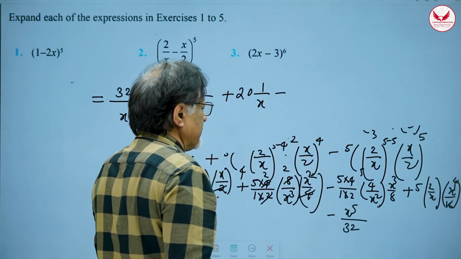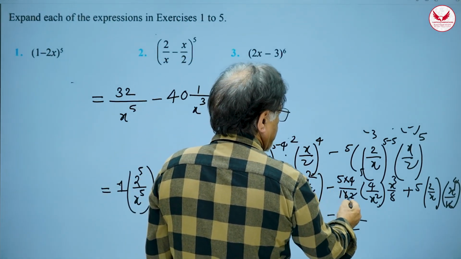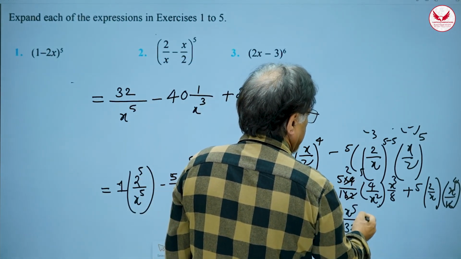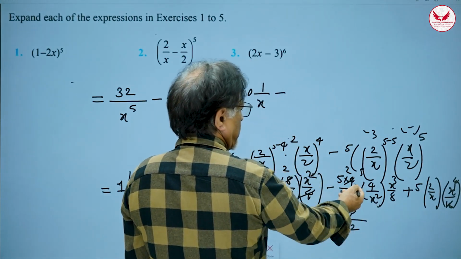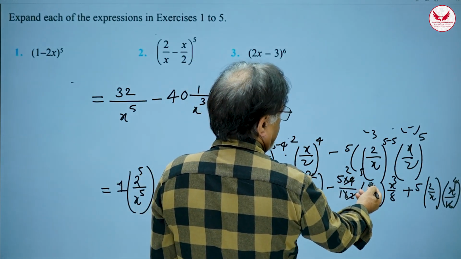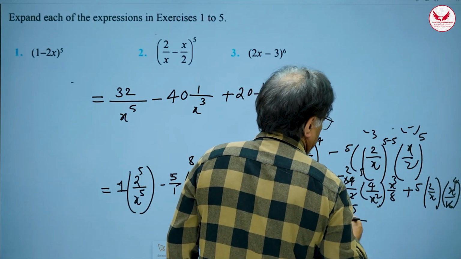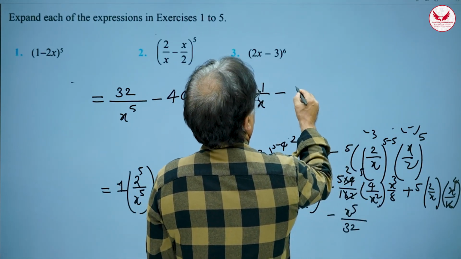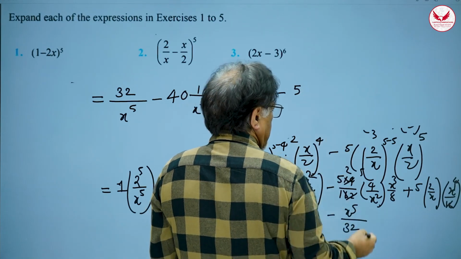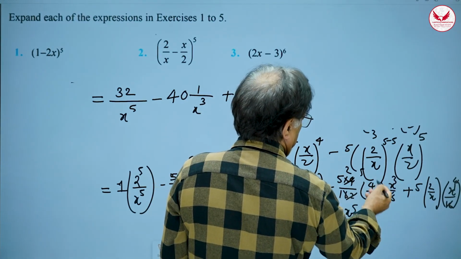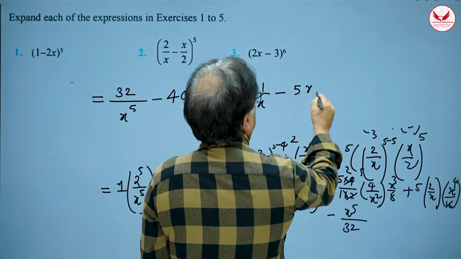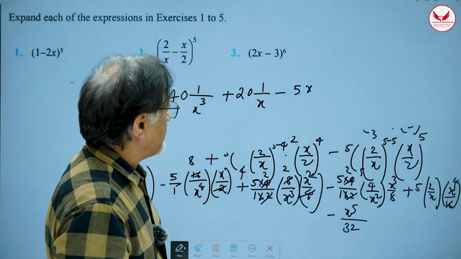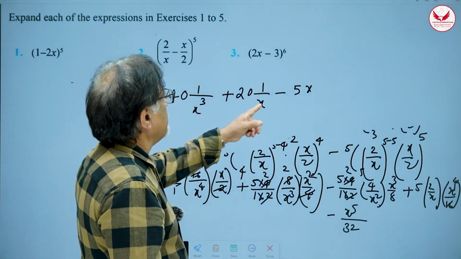Next term is going to be minus. So here it is again 2 gets cancelled. This is 10. 10 multiplied by 4, 40 divided by 8. That means again it is 5. And x raised to 3 upon x square is nothing but only x. Only one power of x is left. Okay. So 1, 2, 3, 4 terms.